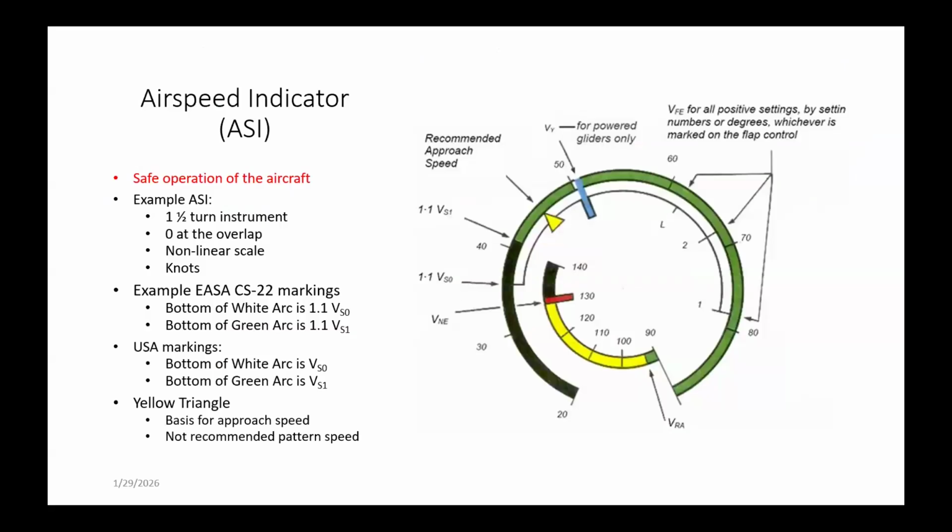Now, in this case, this graphic, okay, the vast majority of you are from the US, some of you are from international settings coming into these sessions. This airspeed indicator and its markings are based on CS22, which is the certification specifications for sailplanes and powered sailplanes in EASA world.